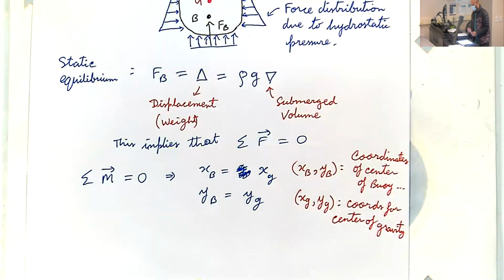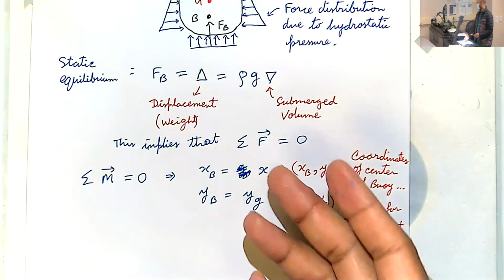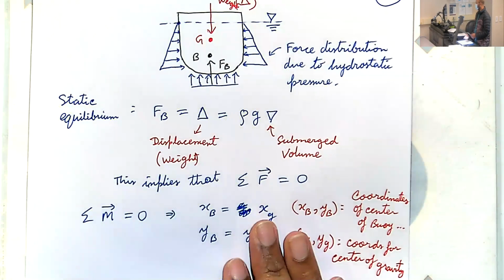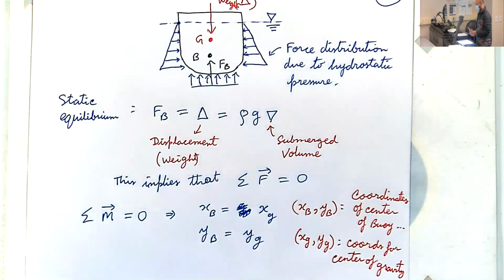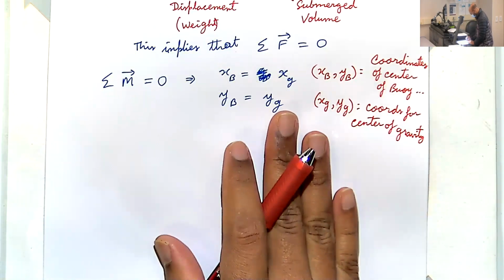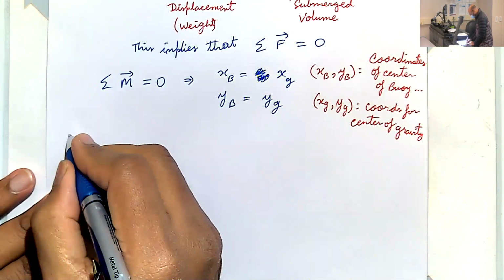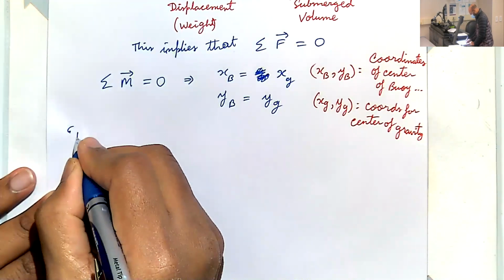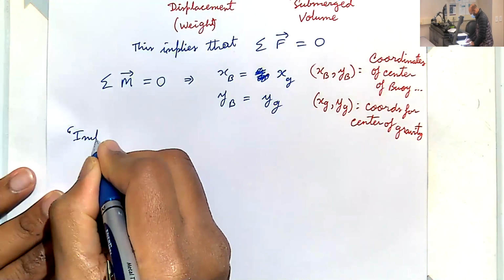And to talk about all of this, the stability of a hull, there's a few specific terms we use. So the first one is called initial stability.